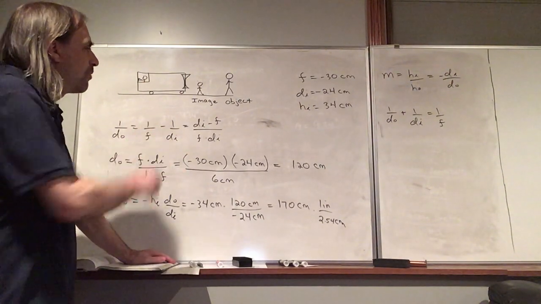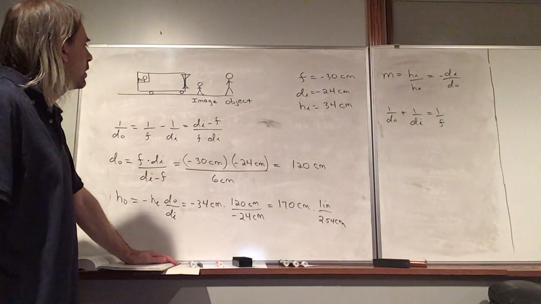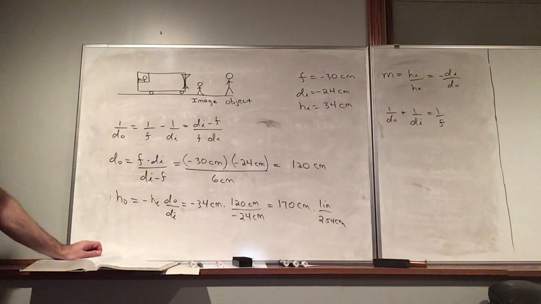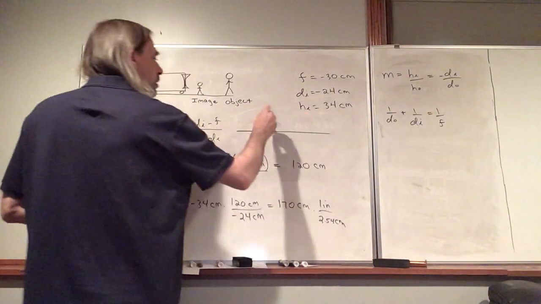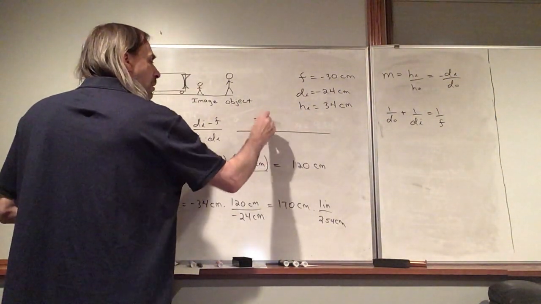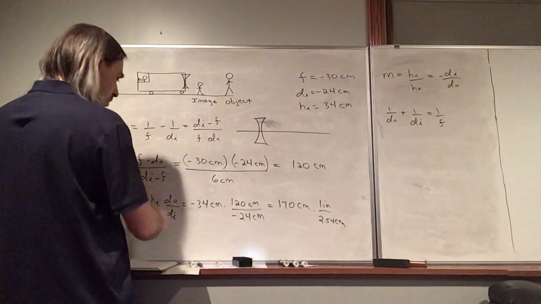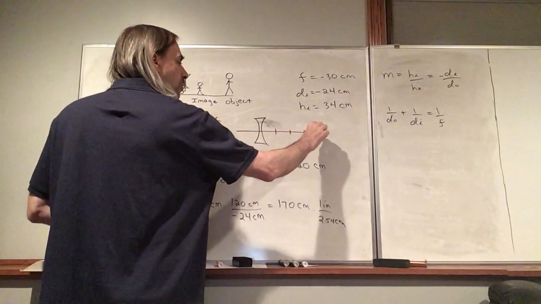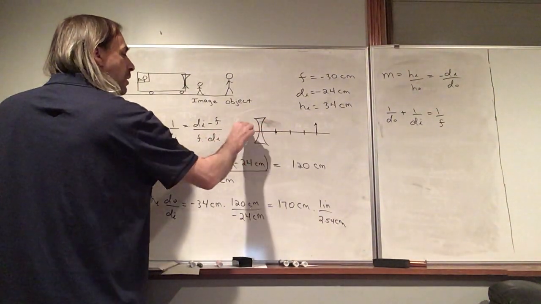I kind of tried drawing a ray diagram for this one, but maybe I'll look at that again. I guess if we know where the object is, let's see if we can draw that. I'll just draw it separately. Okay, so here our object is 120. So let's say here's 120. Each of these tick marks is 30, so we'd have a focal point here and here.